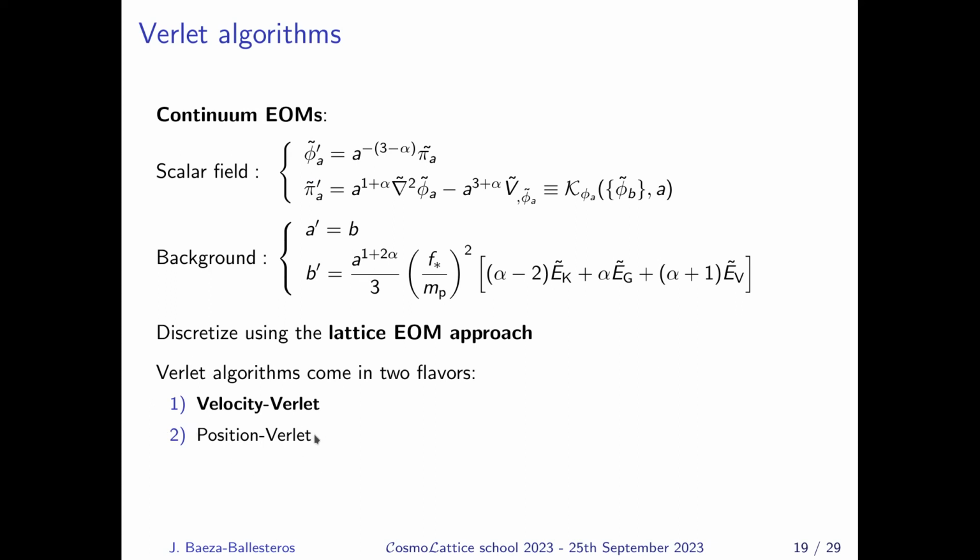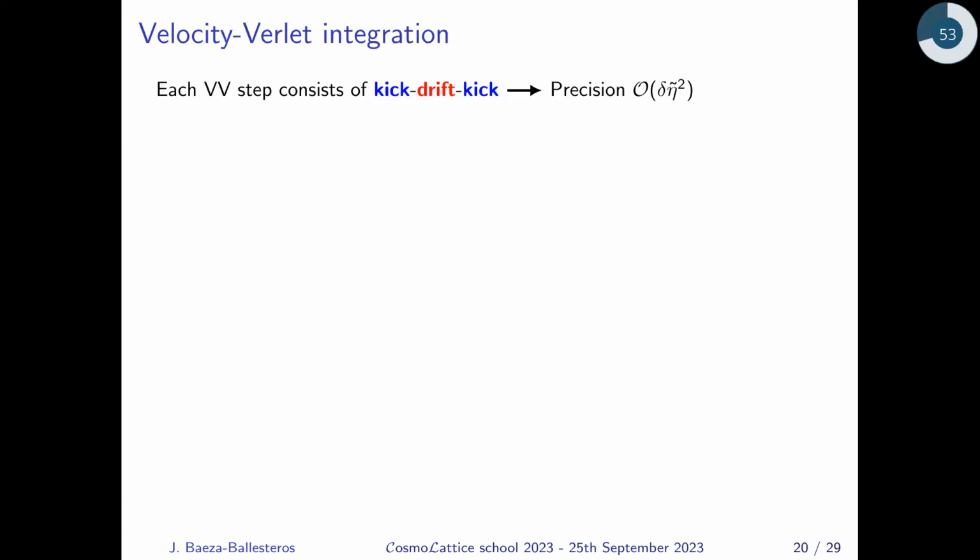While they are both very similar, I'm going to cover the velocity Verlet algorithms in a bit more detail. In these, each step of the iteration consists of solving half time step the kick, then solving the drift, and then solving the kick again for a half time step. And by doing this, you can achieve a precision of order the time step squared.